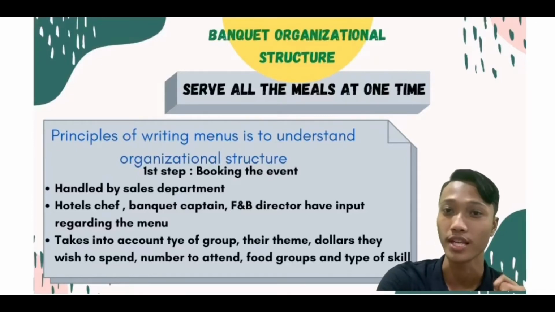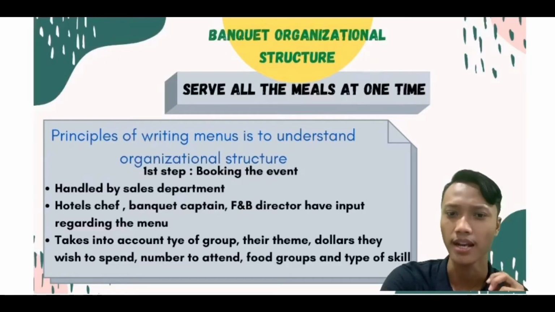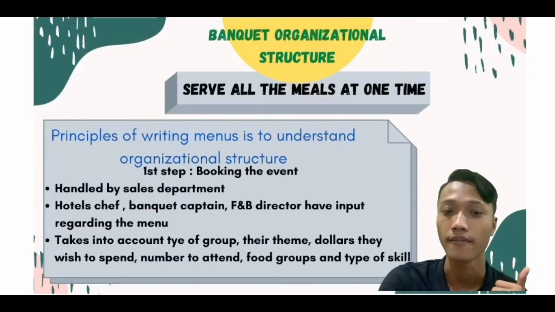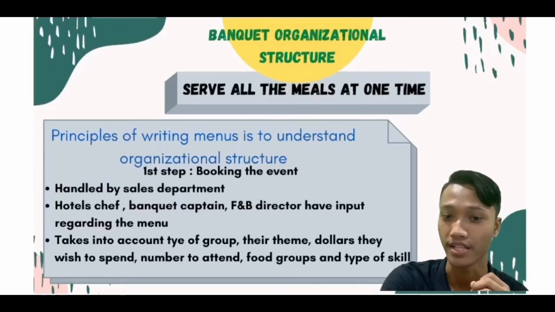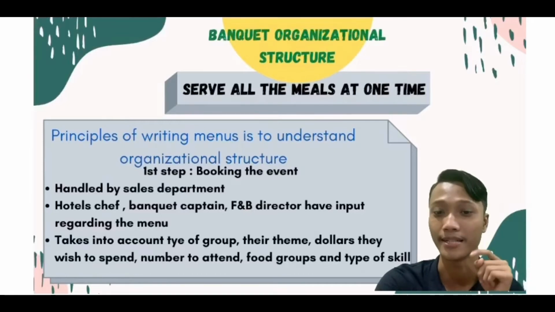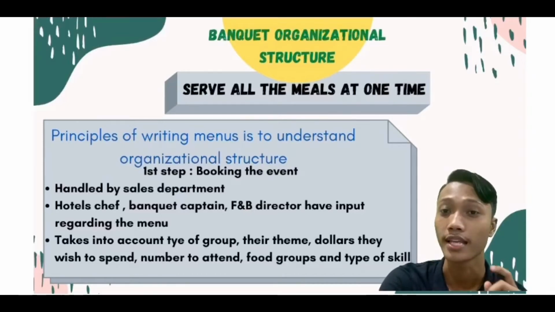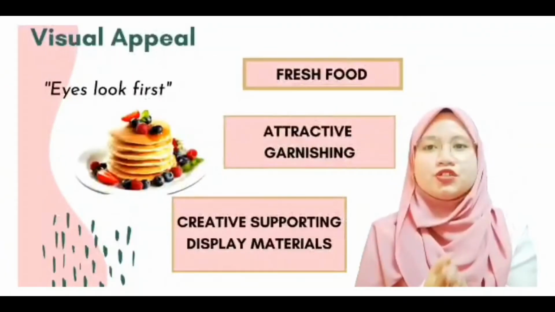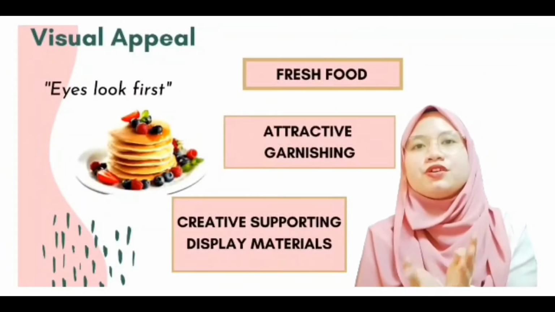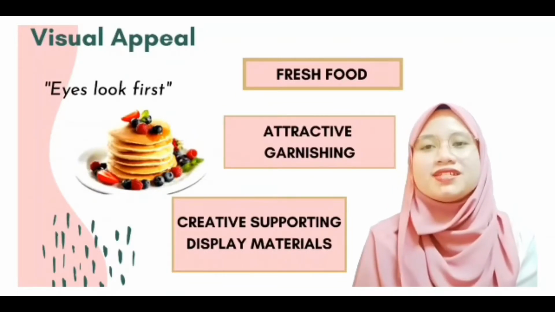The first step is booking the event, handled by the sales department. The hotel, chef, sales department, and food and beverage director have input regarding the menu. So take into account the group, the time, the dollar they wish to spend, the number to attend, the food group, and the type of skill.